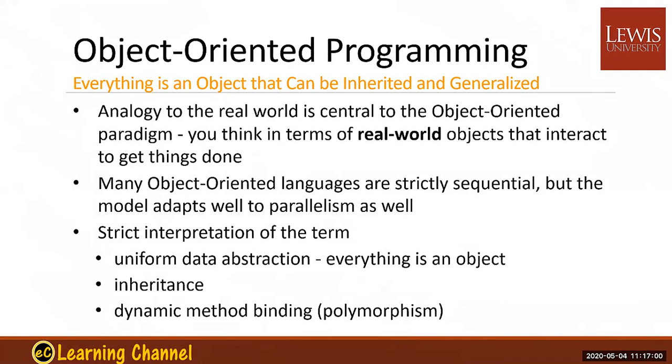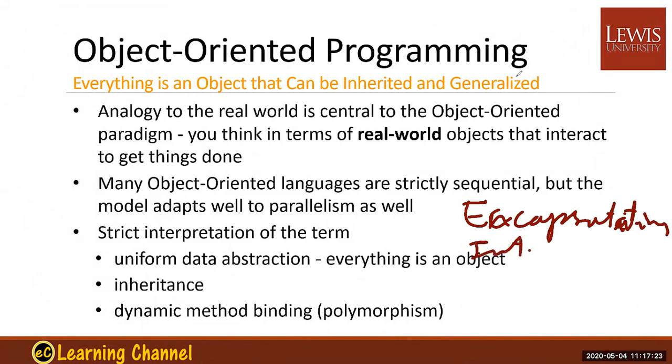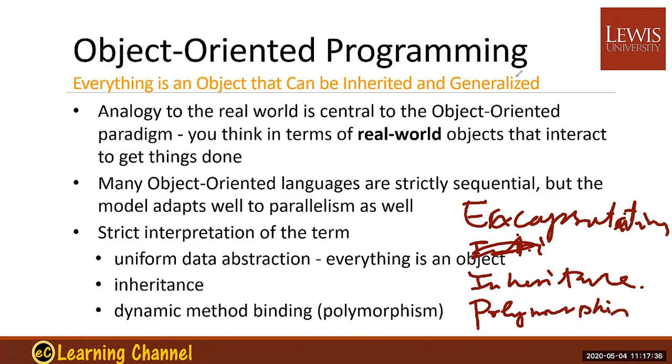We talked about different ways of using object-oriented programming, especially three major concepts that are important in OOP: encapsulation, inheritance, and the last one, polymorphism. Three important concepts involved in OOP.